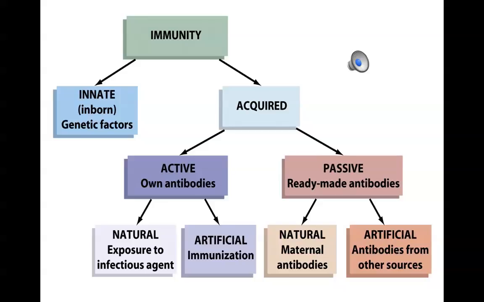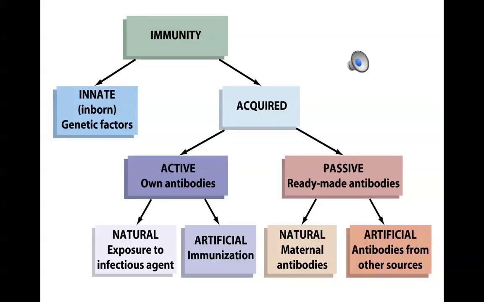For passive acquired immunity, some other source, either animal or human, will provide the immune factors. Our own T and B lymphocytes will not make them. We have to get it somewhere else.